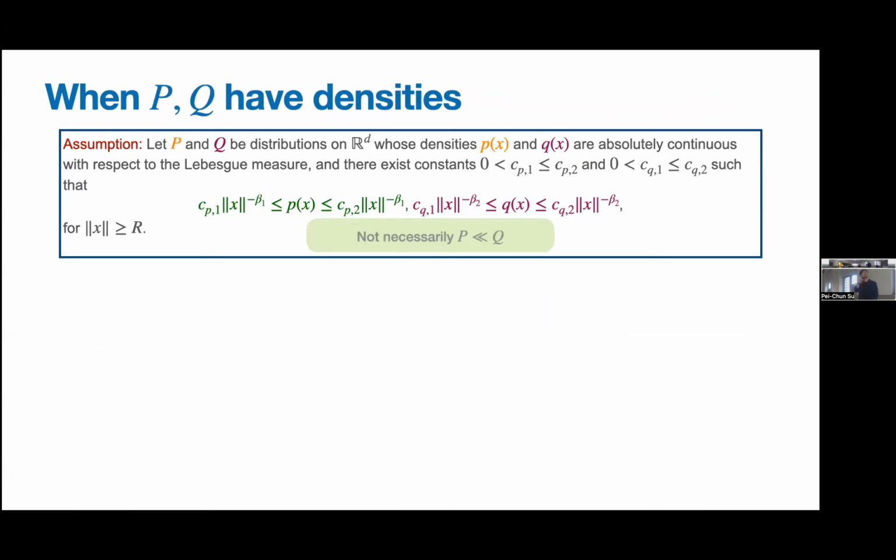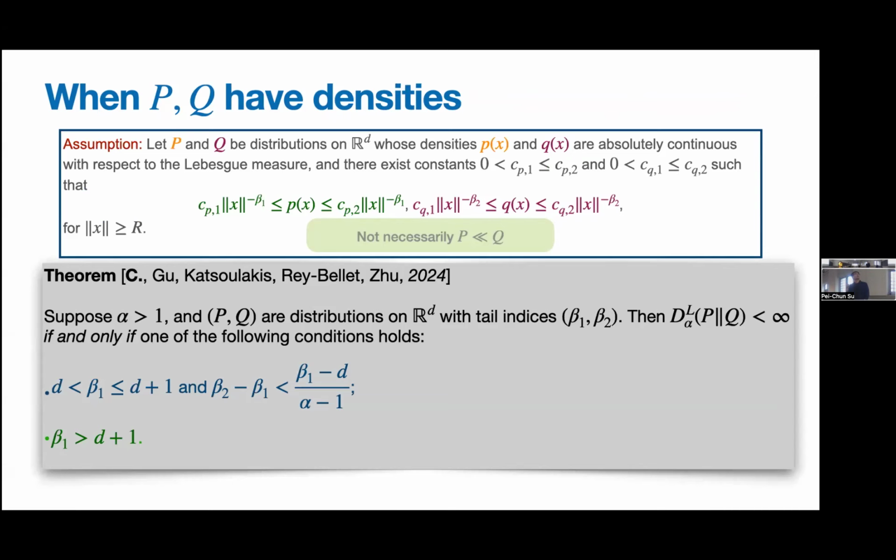Suppose P and Q are distributions on R^d such that they have power-law-like densities. This is a pretty strong condition, but first we just want to investigate how the tail interacts with the divergence. So we provide sufficient and necessary conditions. Suppose alpha is greater than 1 and P and Q are distributions with tail indices beta 1 and beta 2.